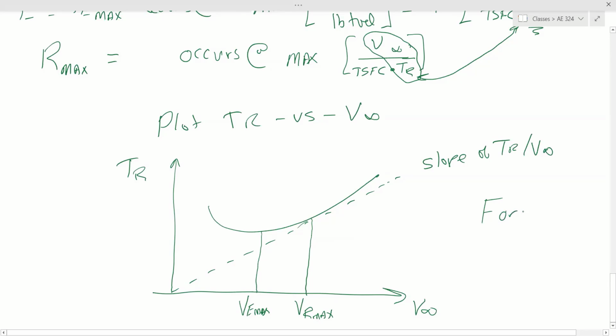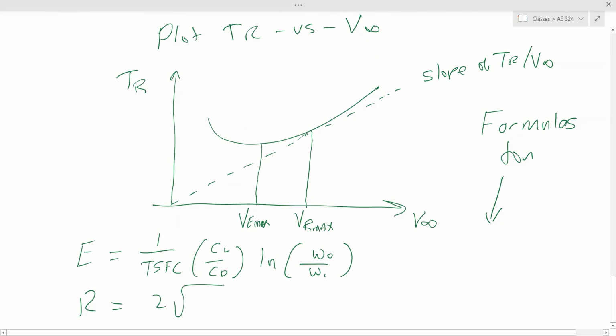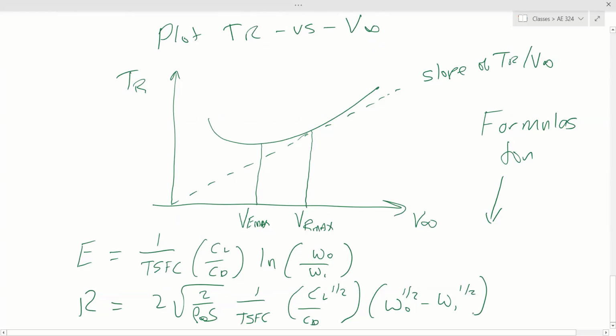And we can do the same integration process to get formulas for the endurance, the max range. Like that.